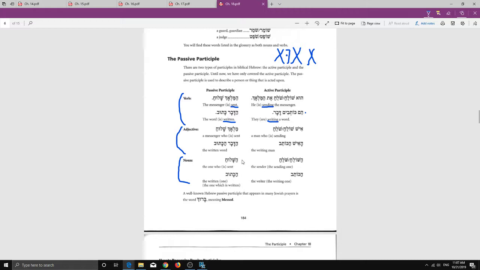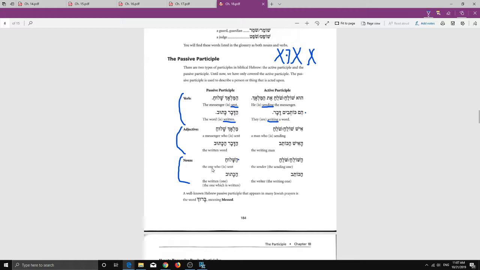Okay. So here we have hashaluach, the one who is sent. Okay. So this is not the same as the recipient. This is not the one who receives. We have the sender and whatever is sent. So perhaps this is someone that is mailing something, and this is the letter.